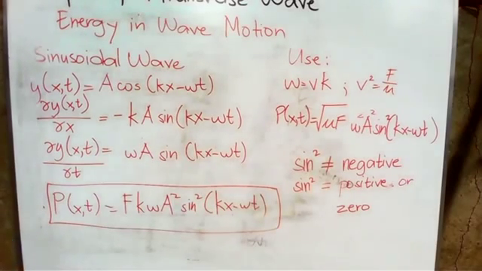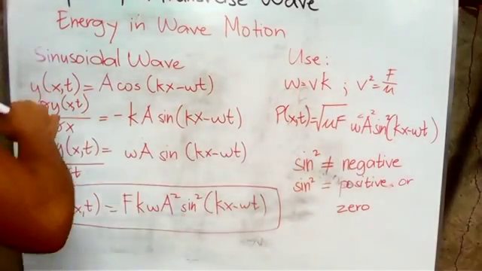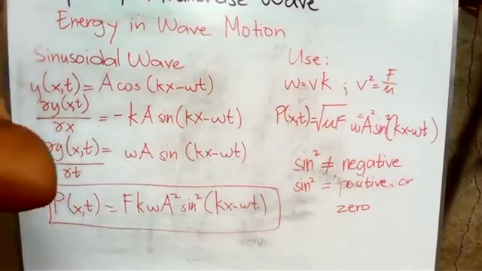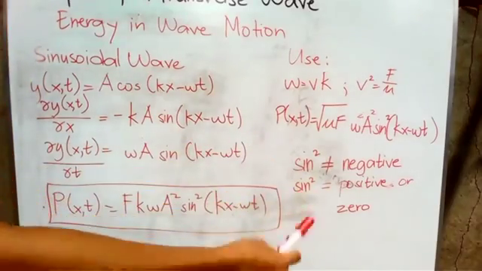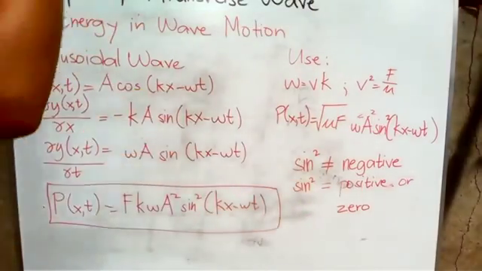So energy is never transferred in the direction opposite to the direction of the wave. When the wave is traveling from left to right, there is no energy traveling from right to left.